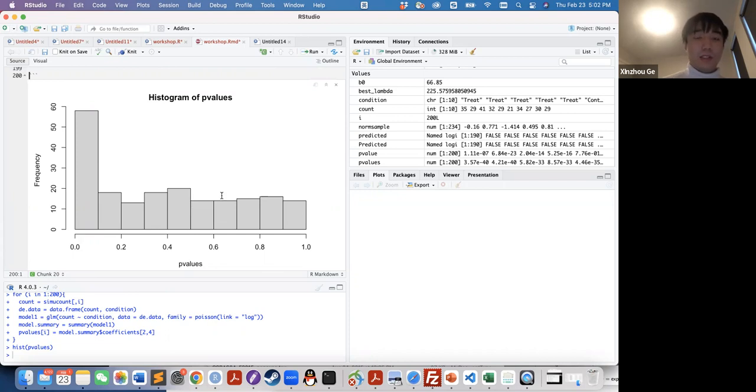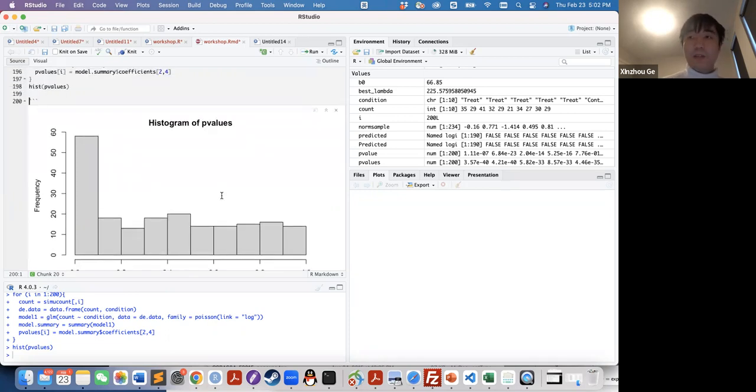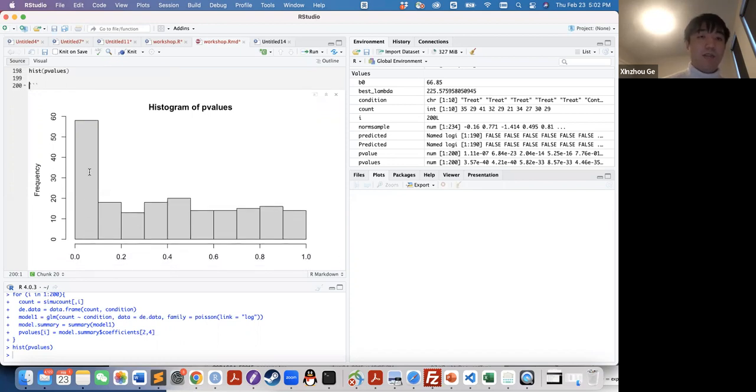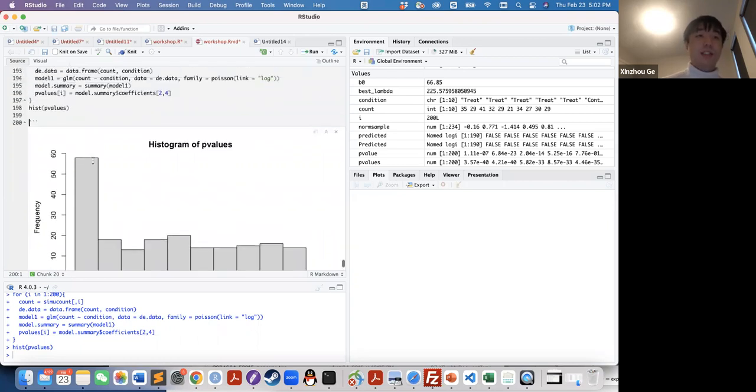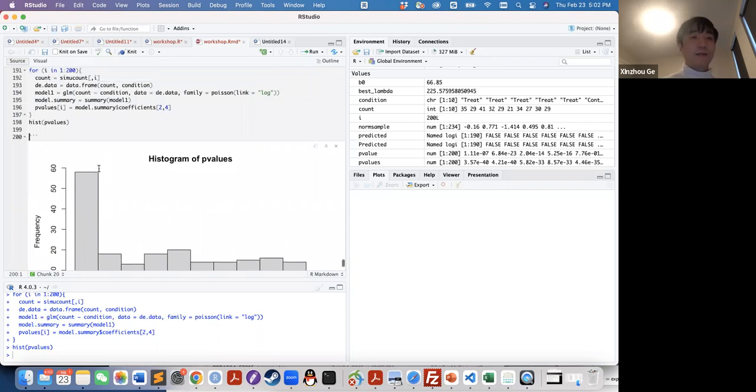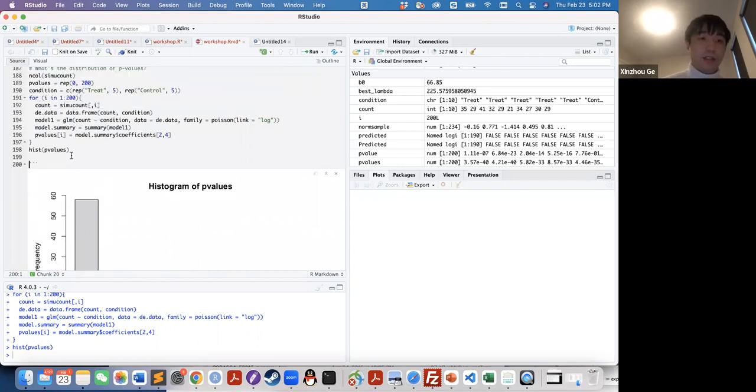It is the case that I mentioned before: if we use the correct model, the p-values will be uniformly distributed from 0 to 1. And the part which is greater than the uniform distribution, this left peak or left tail, is for the DE genes identified. So this will be the distribution of the p-values.